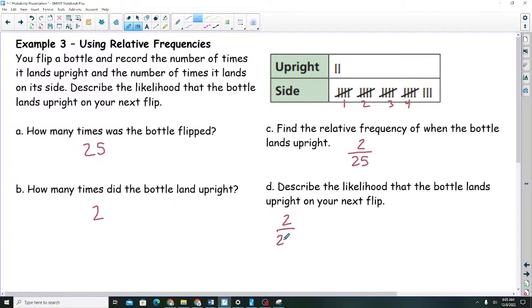Good thing we just took a test on changing fractions into decimals and percents. 2 divided by 25 is 0.08 times 100 is 8%. And because 8% is less than 50%, we say that this is unlikely.